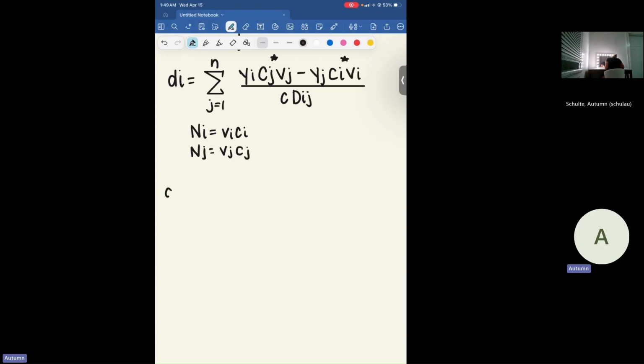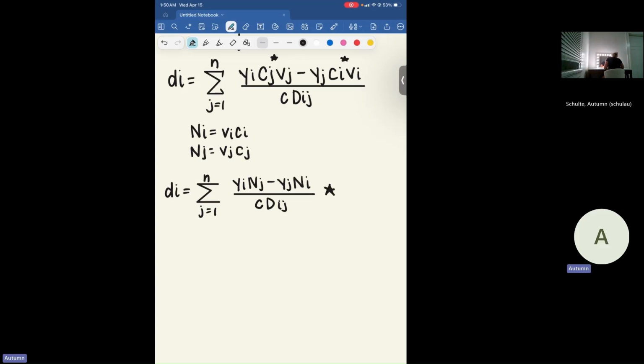So we're going to have the driving force of component I equal to our summation from J equals 1 to N of the mole fraction of component I multiplied by the molar flux of component J, minus the mole fraction of component J multiplied by the molar flux of component I. And this is all divided by the overall molar concentration and the diffusive constant of I through J. And look at that.